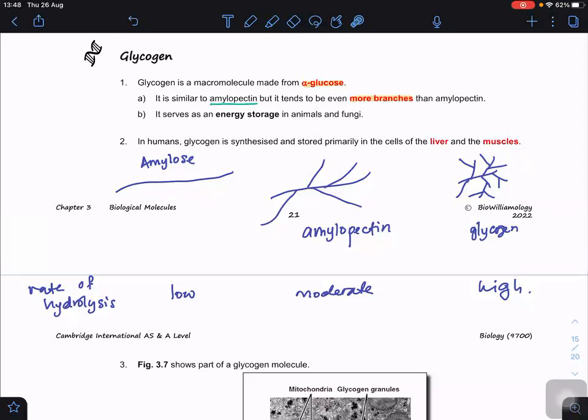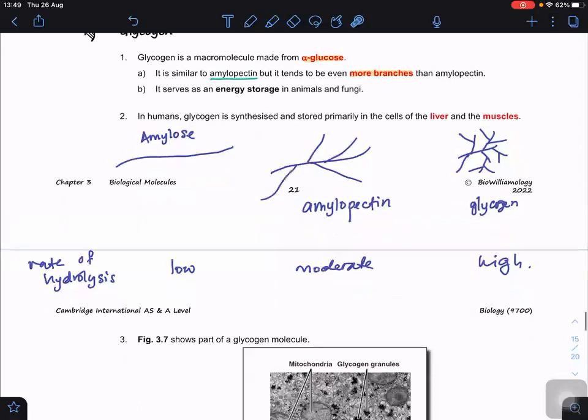That's why they don't store amylopectin, which is also a bit moderate in its rate of hydrolysis, not fast enough. Therefore, we store glycogen in the liver as well as muscle cells. Why? Because more branches mean more sites of attachment for the enzyme to break down the glycogen, to supply us with glucose to be used for respiration.